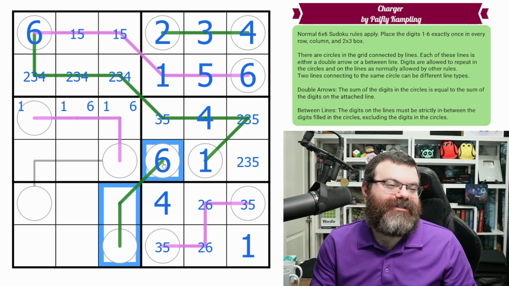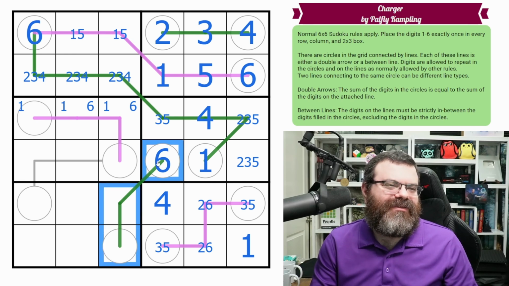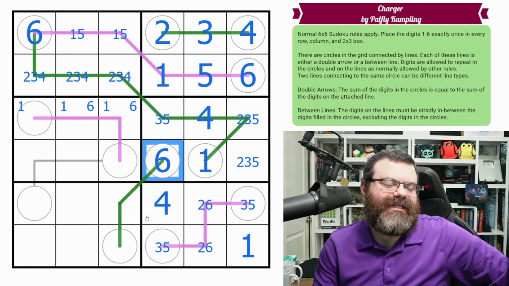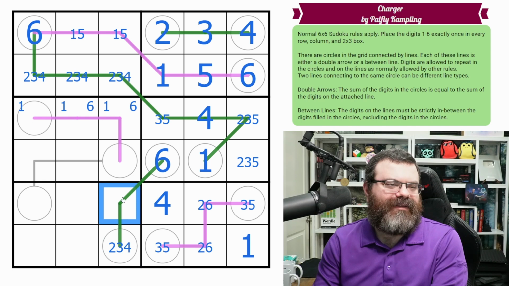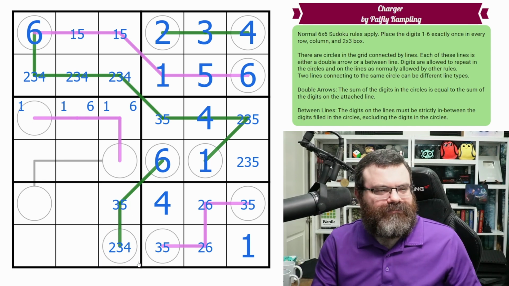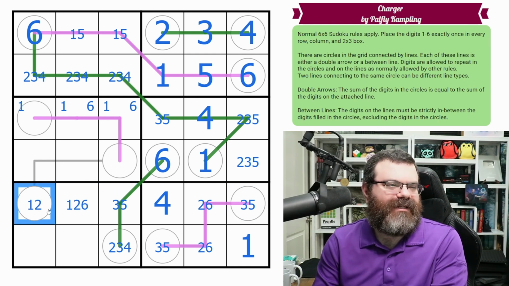We just have to get larger because it's a between line. If a 3-cell between line, you can think of as a thermo. You just don't know the direction, but we do because that's a 6. So you could mark this as 2, 3, 4, and then this would be 3, 4, 5, but not a 4. That makes a 3, 5 pair here. So 1, 2, 6 is what's left. That's not a 6.